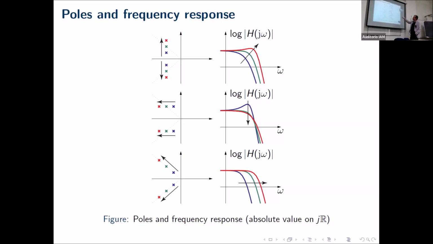You see, if the eigenvalues go vertically up, then this happens: the transfer function gets some peak.